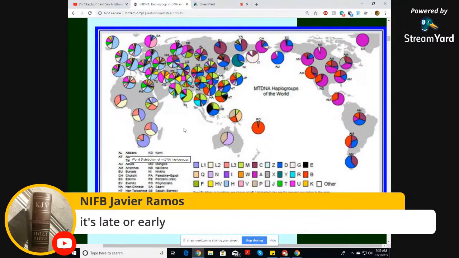Of course, in the Y chromosome, you have the C and the D that went to Japan and Tibet and didn't even go to Africa. And they're descendants of Ham directly. So apparently, according to the Y chromosome, Ham had, at least registering, A, B, C, D, and E, which is 5 sons registering in today's DNA.